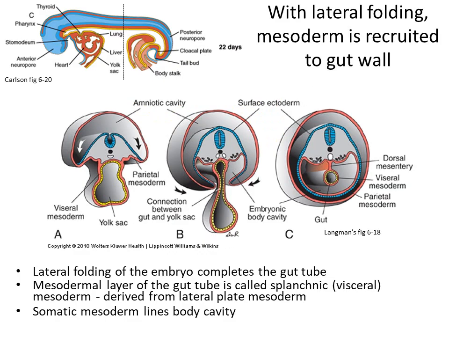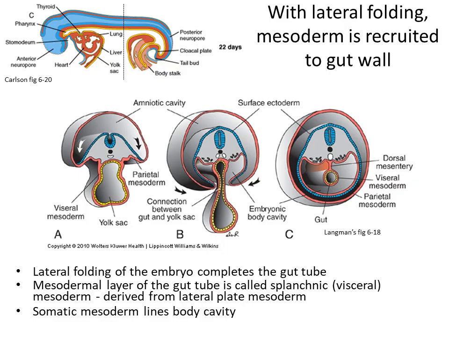You can see here pictures A, B, and C. From A, the yolk sac and the folding start with visceral mesoderm, and from B, the connection of the gut to the yolk sac, and the embryonic cavity appears, and in C, the gut is formed, fully folded, with endoderm and ectoderm.